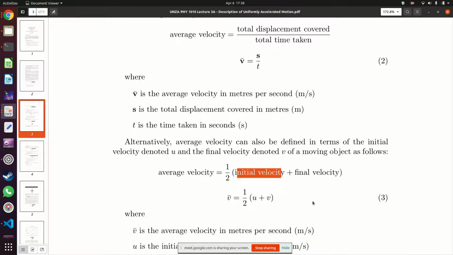So we take the initial instantaneous velocity plus the final instantaneous velocity, and then divide by 2. What you get is also the average velocity.